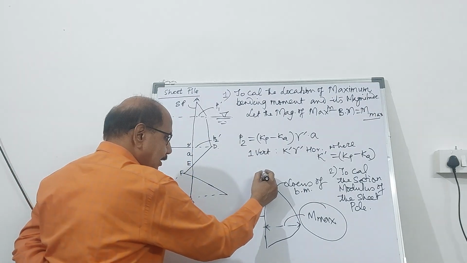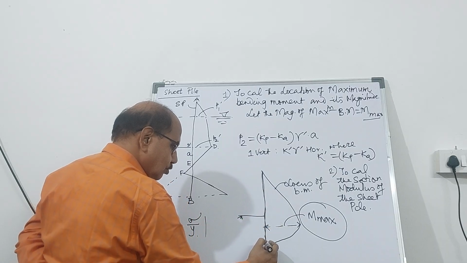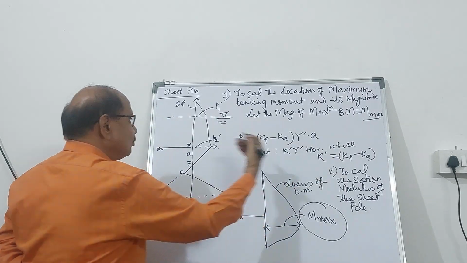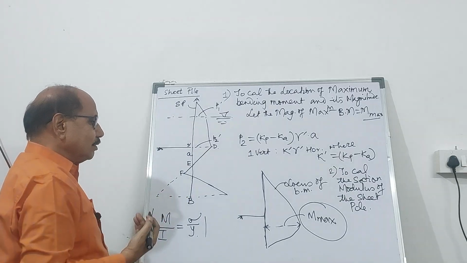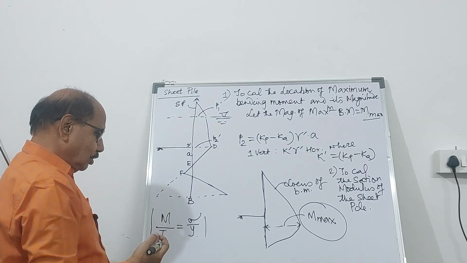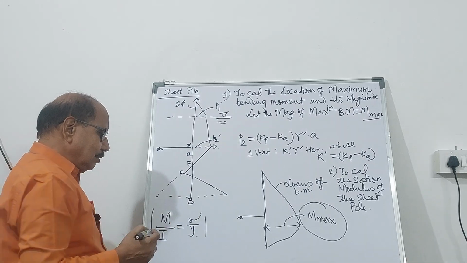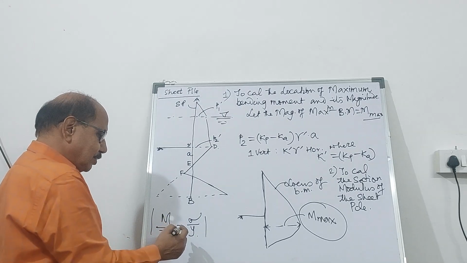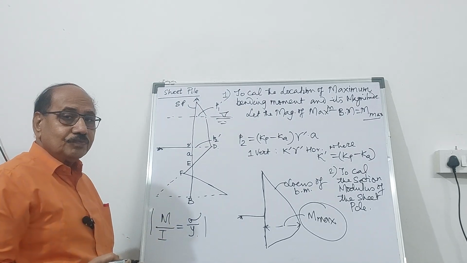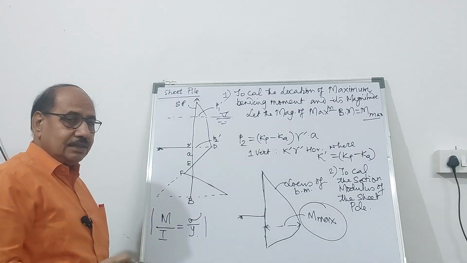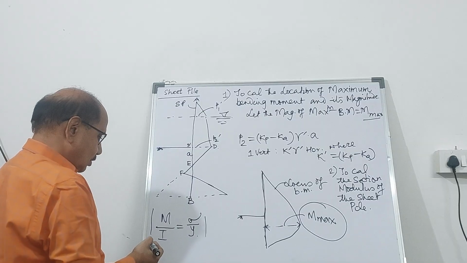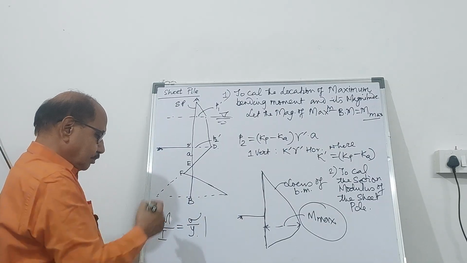The sheet pile is going to be subjected to the horizontal pressure. So sigma is the allowable flexural stresses and y is the distance of the extreme fiber from the neutral axis. This is the famous relationship.